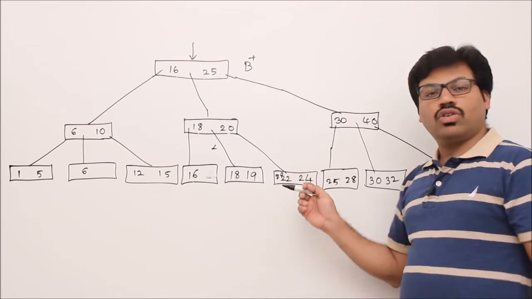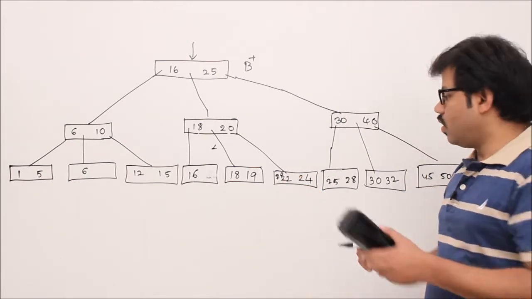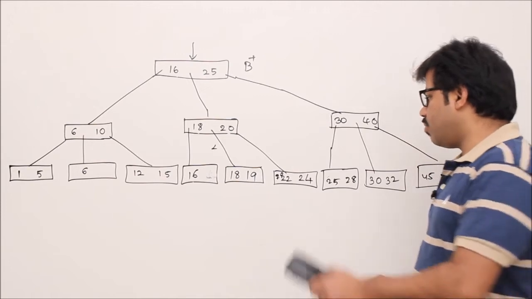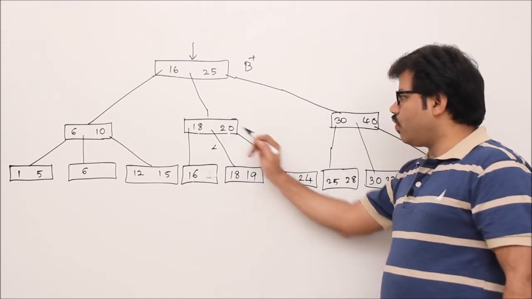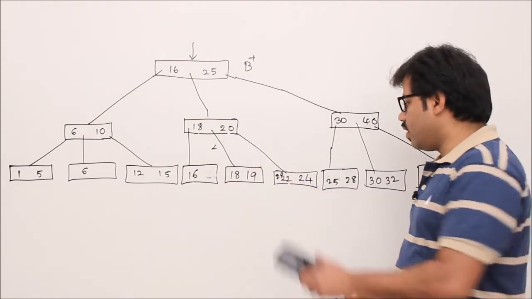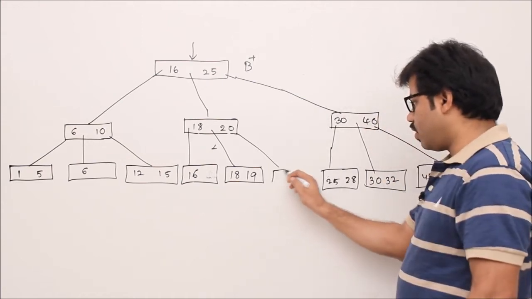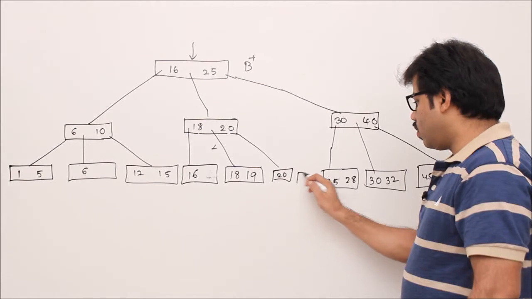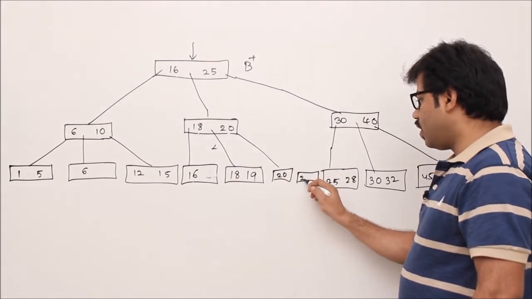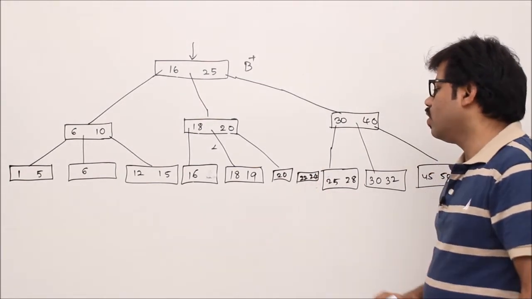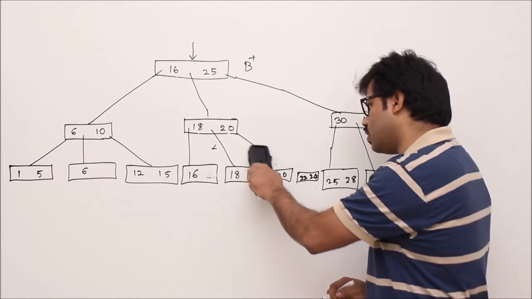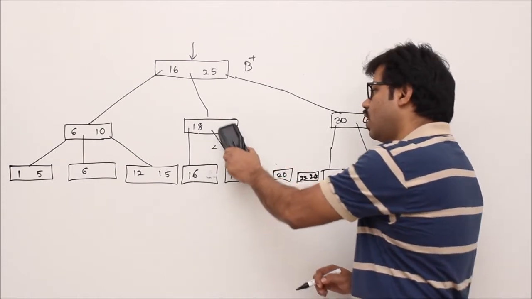When I add 20, you get the problem. What is that? The node is full, I mean more than full, so we have to split it. What is the middle element? 22. So 22 will be sent to the upper side. Correct? Let's do it. Whenever I send 22 to the top, you create two subnodes here: 20, 21 and the second one 22, 24. Since we have two boxes, we should not worry.